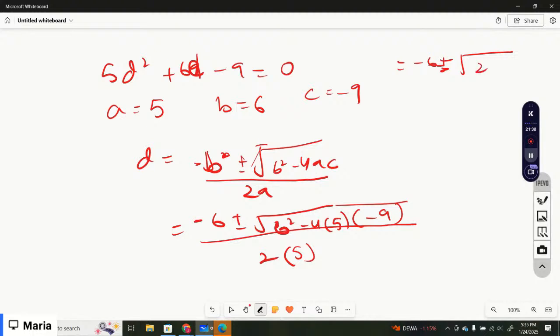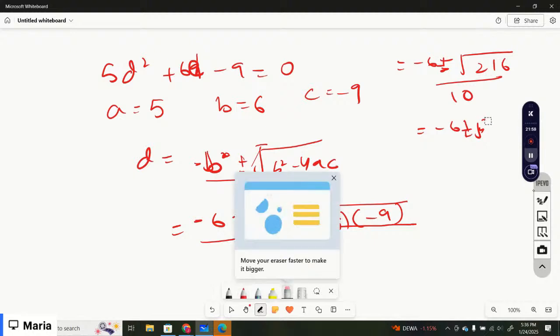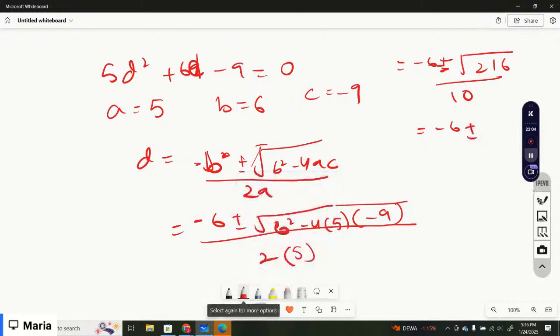That is 216 divided by 10. So that is negative 6 plus minus square root 216 equals, that is 14.6 over 10.